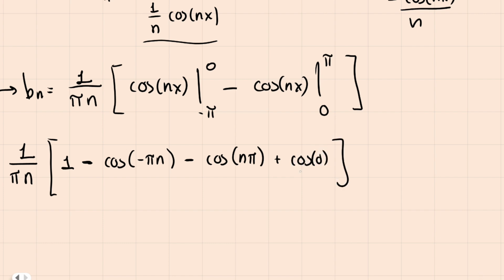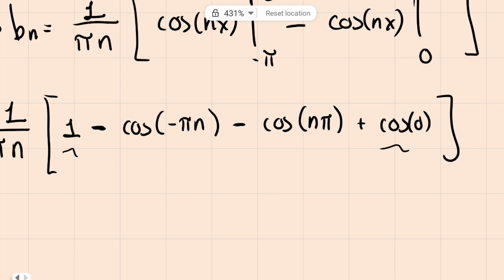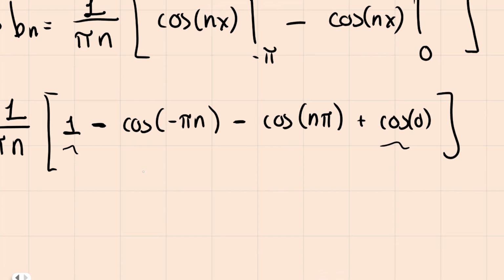Okay, cosine of 0 is equal to 1, and we have our 1 here. So we are going to get 2 if we sum this with this. And remember that the cosine is an even function. So a property of even functions is that f of minus x is equal to f of x. So this cosine of negative pi n is going to be equal to cosine of pi n.